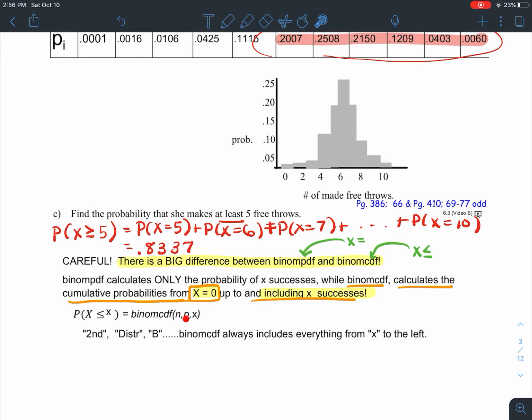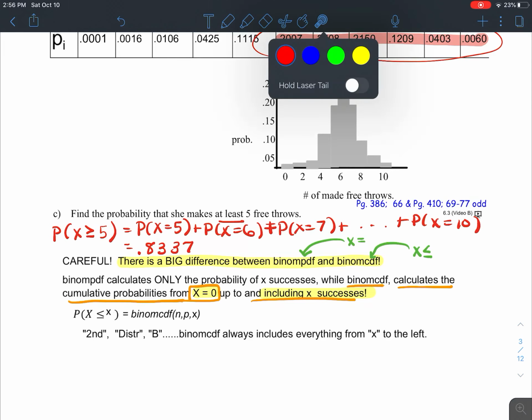It has to be the number of trials, probability of success, and what you place here for the x is what you're wanting to cumulatively count from 0 all the way up, including that number you put there. It's located with second distribution feature on your calculator, and it's option B, so you have to scroll all the way down. You'll see binomialcdf.